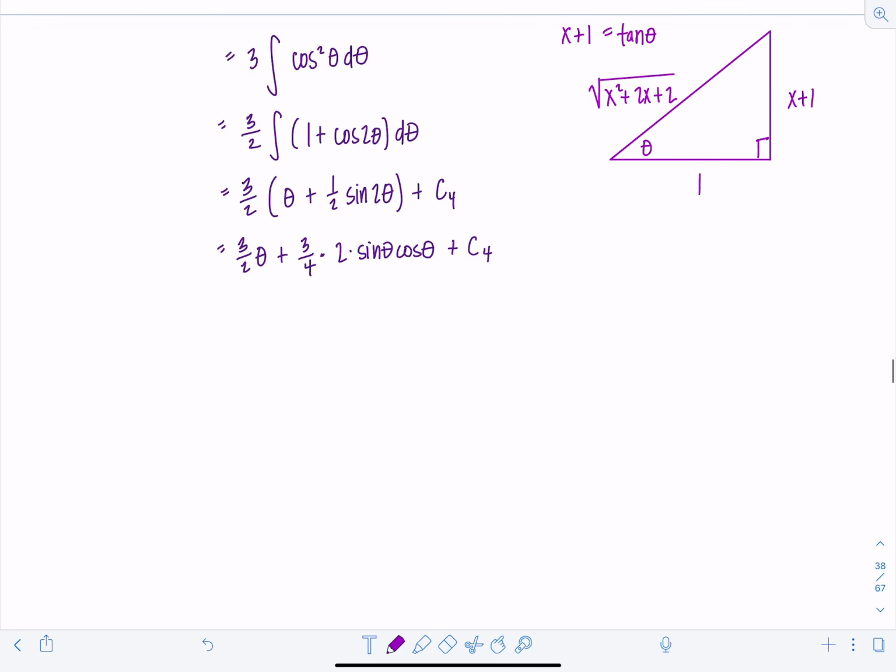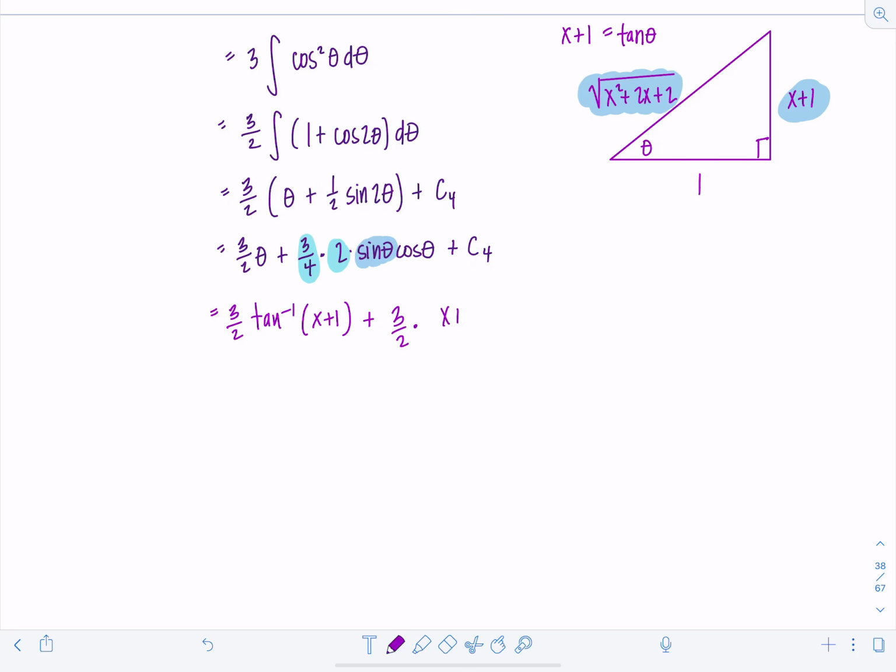Okay, so first things first, we've got 3/2 times theta. Well, theta is just tan inverse of x plus 1 plus 3/4 times 2, that's 3/2. And then now I need sine of theta. So sine of theta is going to be the ratio of the opposite side over the hypotenuse.